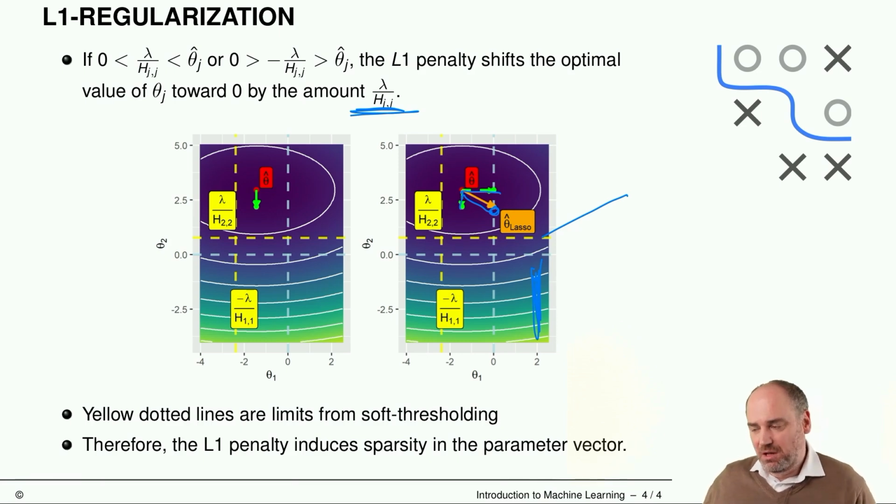So it's a further visualization of this soft thresholding operation, explained a little bit more in the context of the curvature of our unregularized risk and in terms of which directions influence optimization, or let's say risk minimization, more or less.